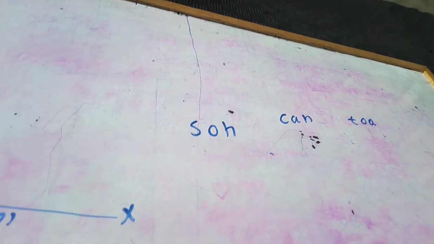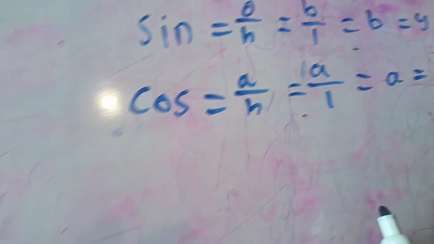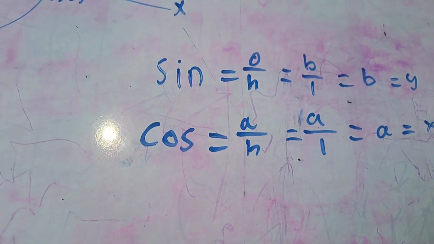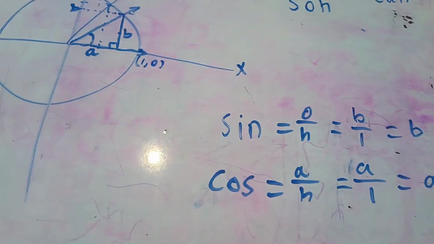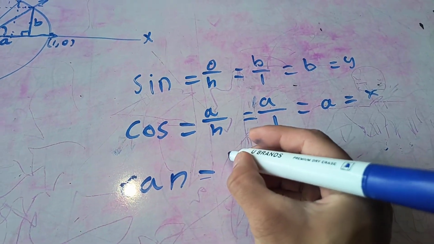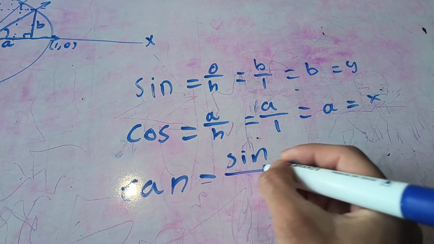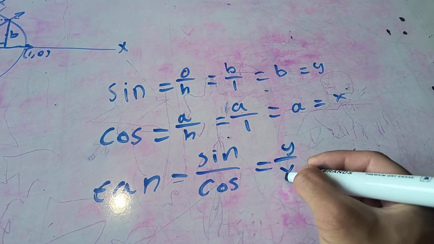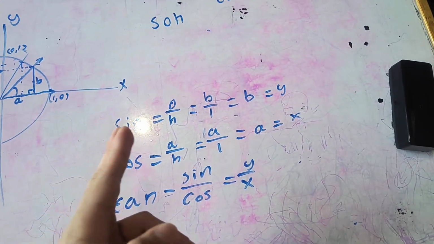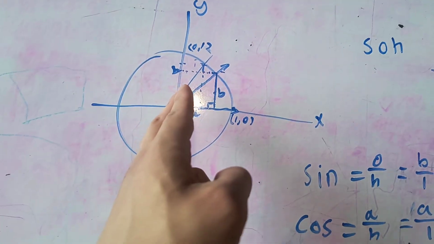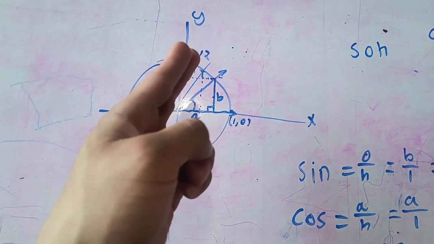And what would tangent be? I explained in another video that tangent is equal to sine over cosine, which is equal to y over x, because whenever dealing with this unit circle, we define sine as y and cosine as x, at the point the angle intersects with the unit circle.